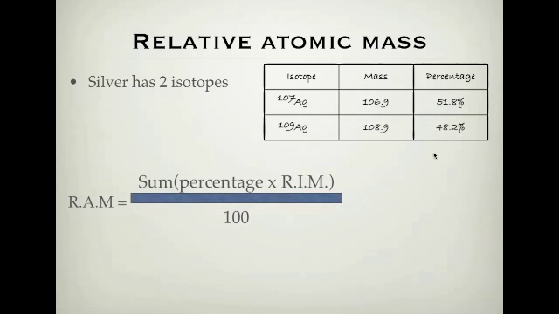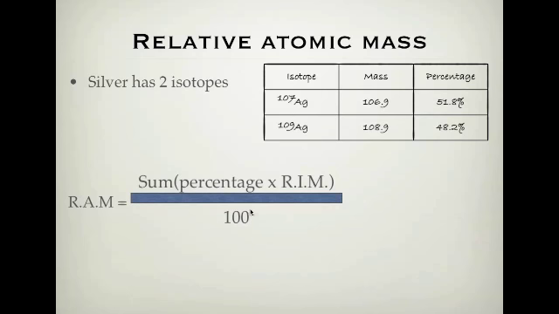Just by looking at this, we can have an idea about where our relative atomic mass should be. It's going to be pretty much halfway between these two masses, so it should come out at around 108-ish, give or take. It's a little bit more of the lighter isotope, so it might come out a little bit less than 108.